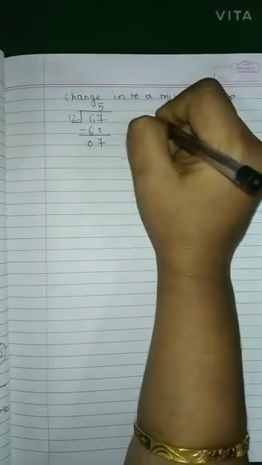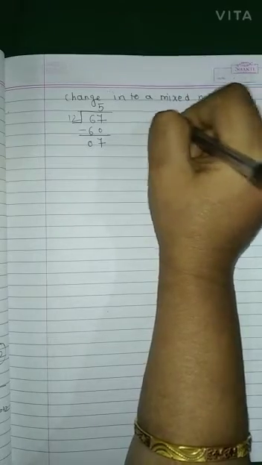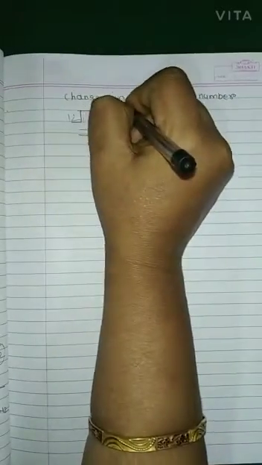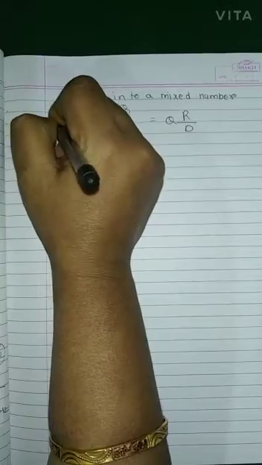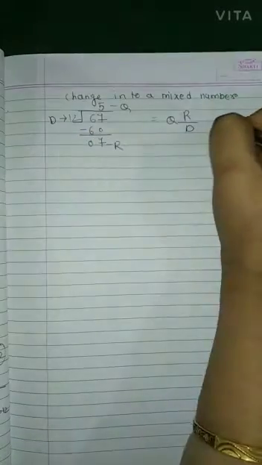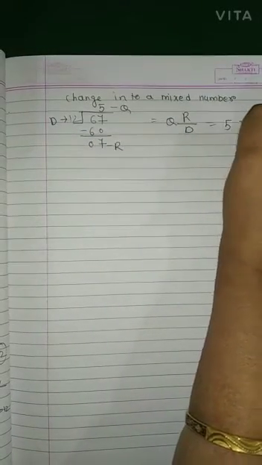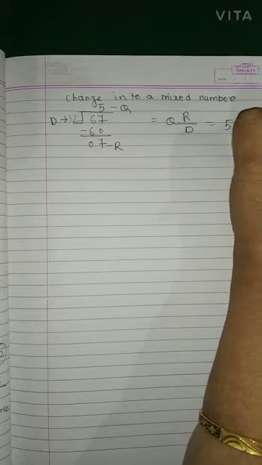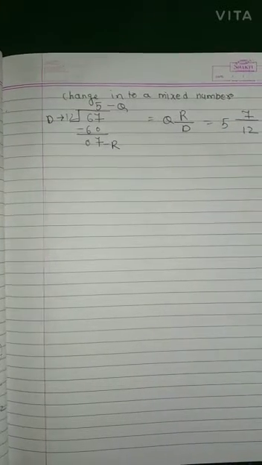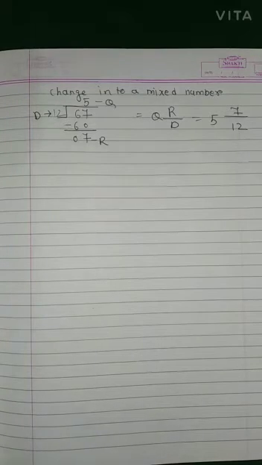We have 7. Then we use formula QRD. This is quotient, this is divisor and this is remainder. Q is 5, R is 7 and this is 12. So we get answer is 5 into 7 upon 12.